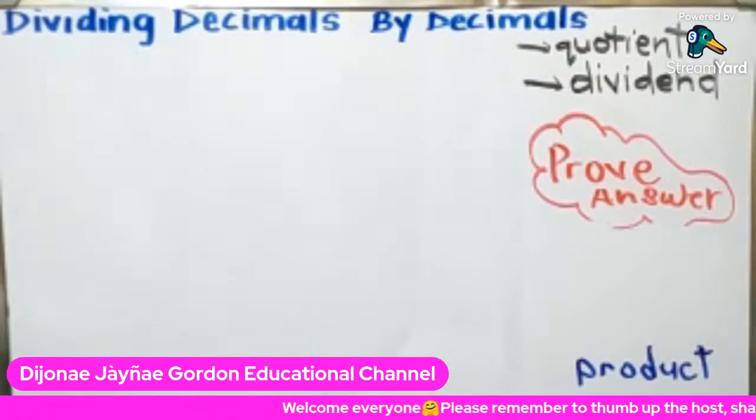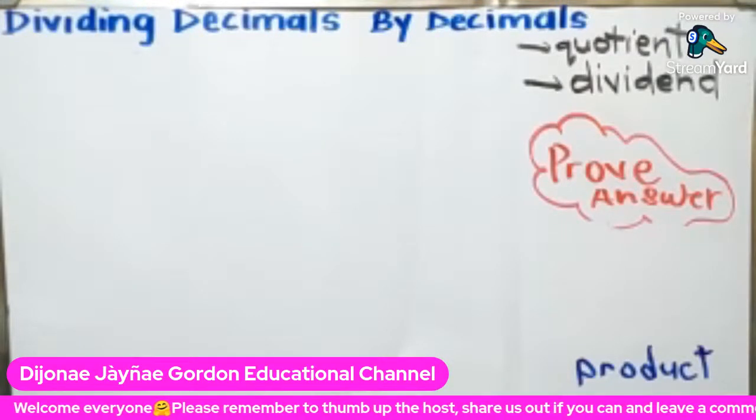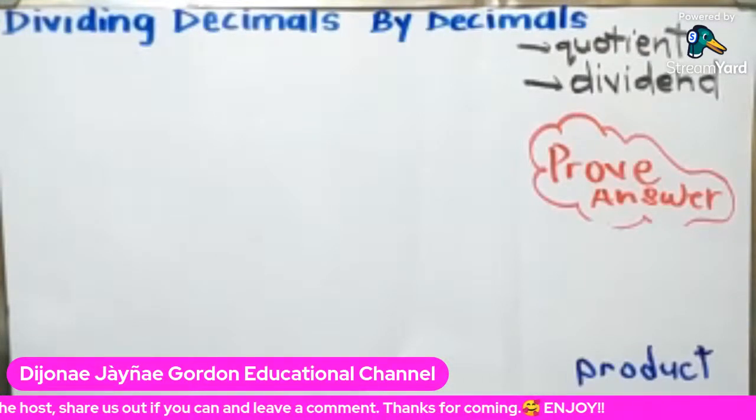And the last problem that we're going to be looking at is 0.36 divided by 0.4. All right, let's do this one together.